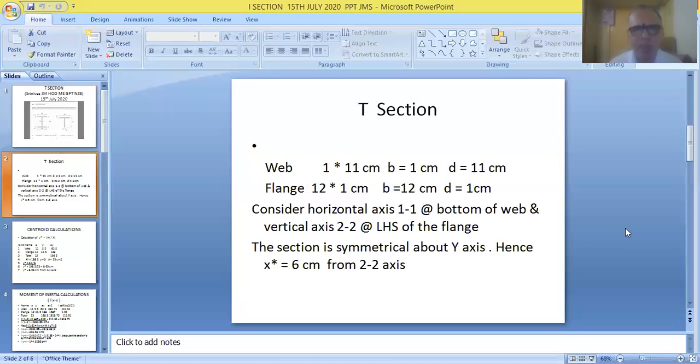So indication of correct B values and correct D values is very essential for solving problems.